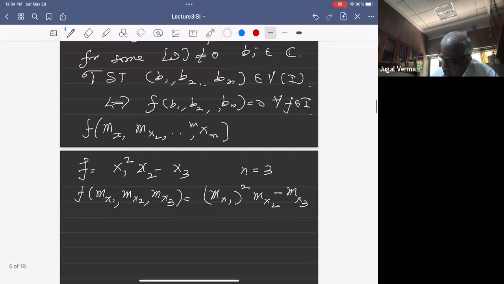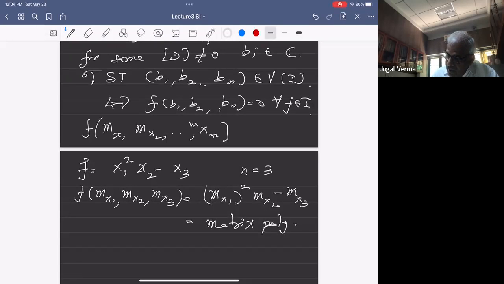So this is a matrix polynomial because the m_xi's are all commuting, and so I can just substitute as if these m_xi's are indeterminates.